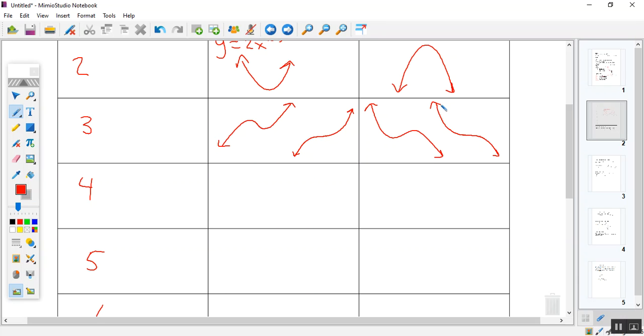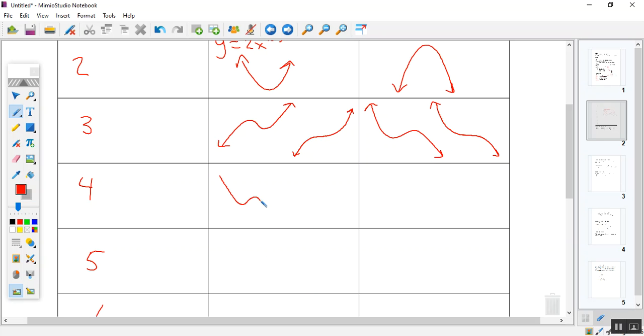Okay, so I want to talk right here. How many peaks or valleys did this quadratic have? One. At most, how many peaks and valleys does this cubic function have? What do you think the most number of bumps is going to be on a function that is a fourth degree? 0, 1, 3. Okay?